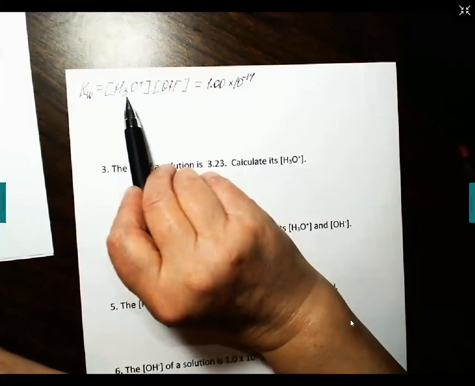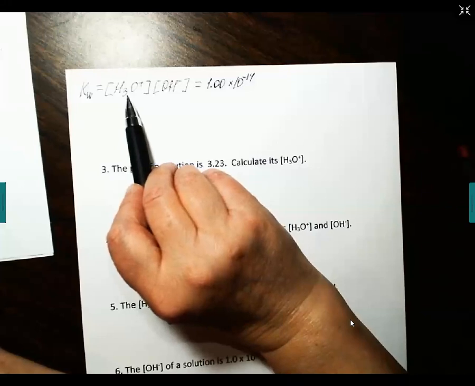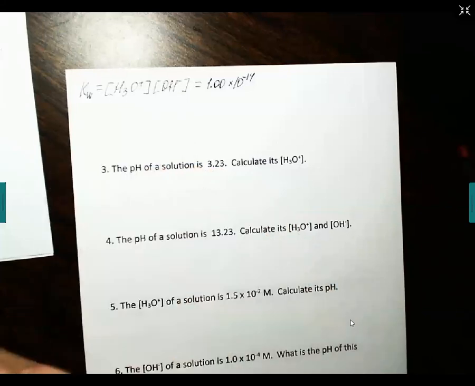But hydronium concentration, hydroxide concentration, and all other concentrations, when it comes to pH and equilibrium, should be in moles per liter, only in moles per liter.